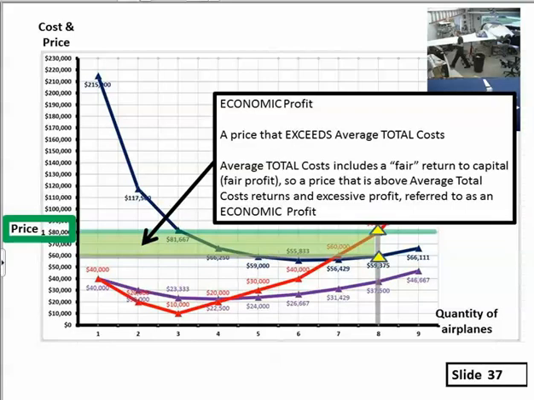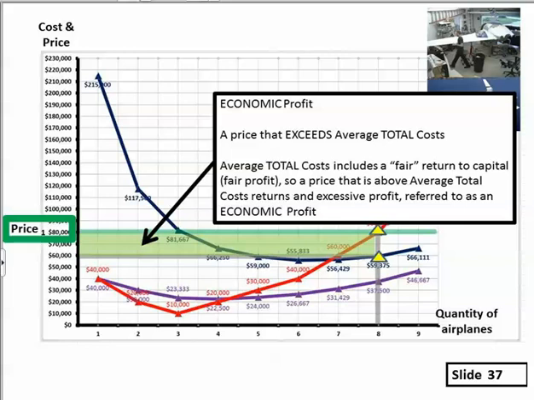It is that green shaded area, and it is the difference between the average total cost for that number of units versus the price we're getting for that number of units. And we selected that number of units based on where our marginal revenue, the price, equaled our marginal cost, where those two were the same. So that's how we chose the number of units.